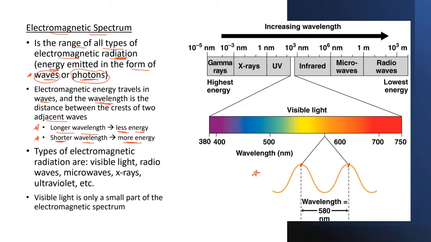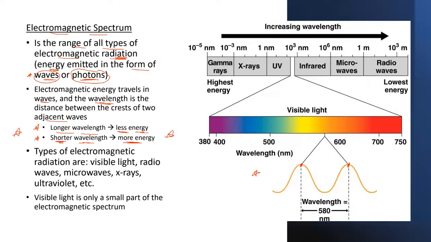And that has to make sense, because this is the big thing. Again, energy moves as waves, usually in particles, photons, but these photons can travel as waves. So the longer the wavelength, the less energy these waves have. The shorter the wavelength, the more energy these waves have.